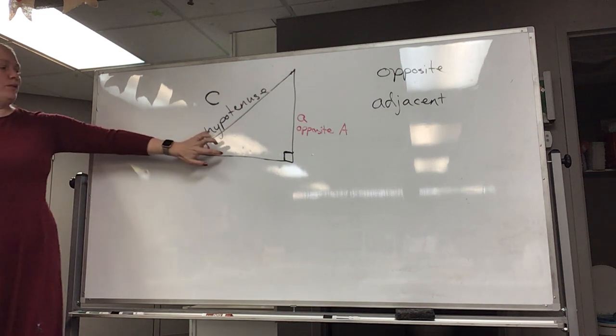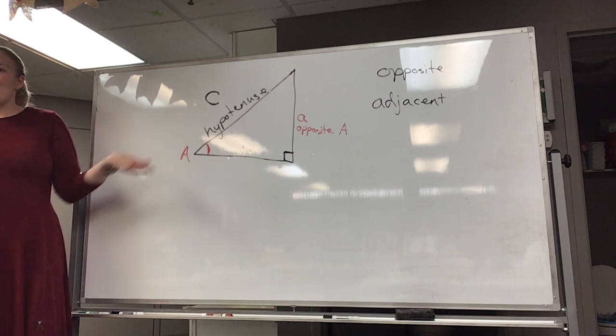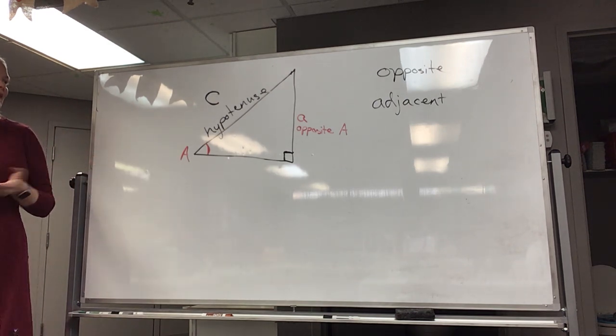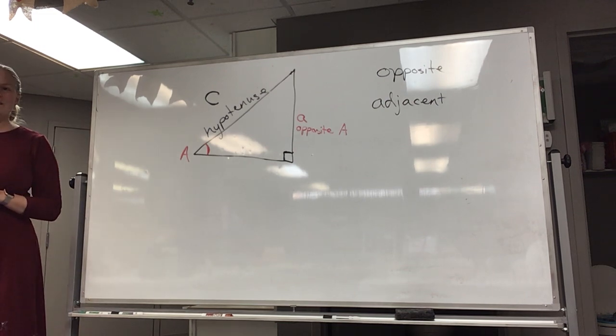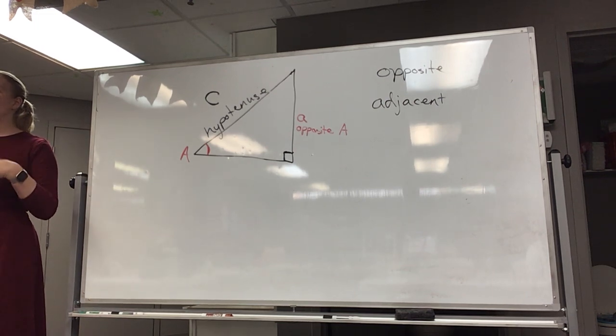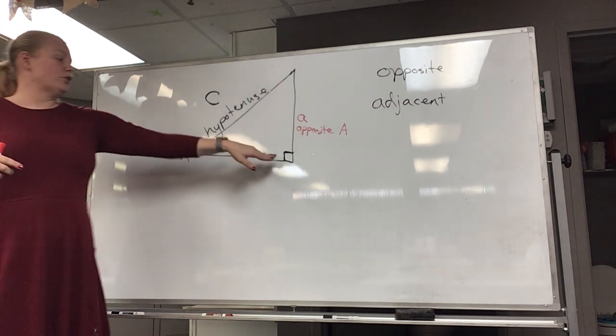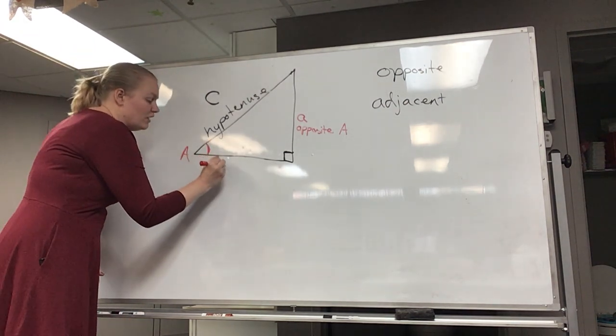So technically both of these are adjacent, but hypotenuse is already taken. That one's always the first one. It's labeled by default. Adjacent is a shorthand for adjacent leg, and a leg is going to be these shorter pieces of a right triangle. So this is adjacent.